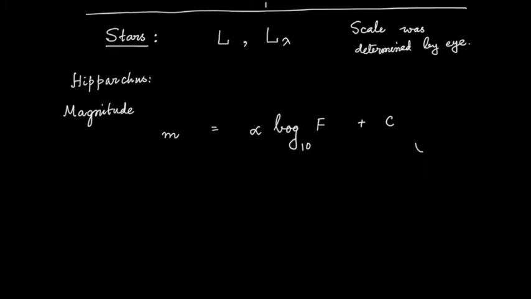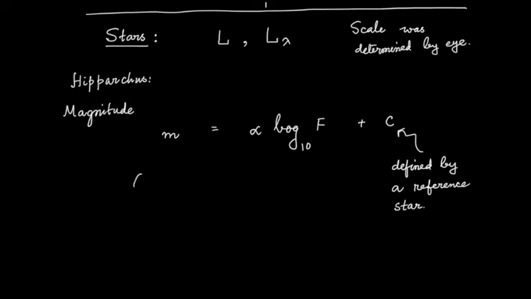So this constant, basically, you can only, by eye, you can only do this with respect to something. So this is defined by the reference stars. So you consider a star and say that this star I will consider standard magnitude 0, and then with respect to that, if something is brighter, it will be some magnitude. If something is less bright, it will be some other magnitude.